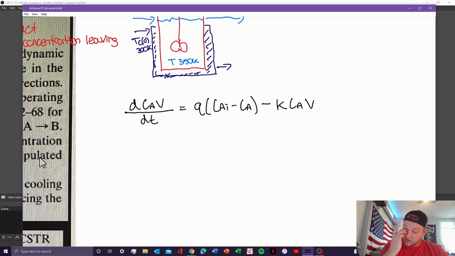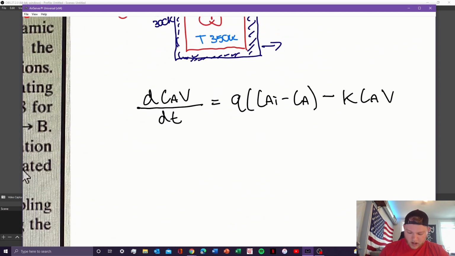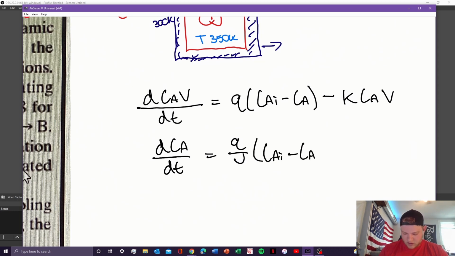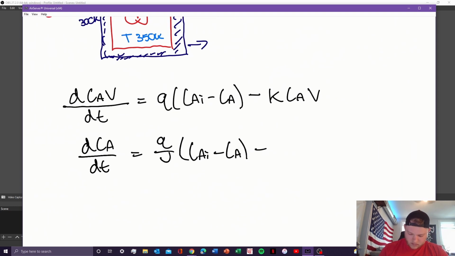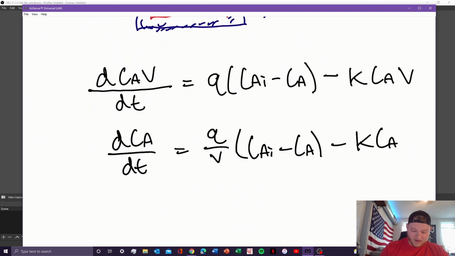But since volume is a constant, we can get it out of the right hand side here, multiply it out or divide it out, which would leave us with the flow rate over V times concentration of A going in, minus flow rate times concentration of A. That is a horrible V. So just like that, we have our equation to solve for the concentration of A.